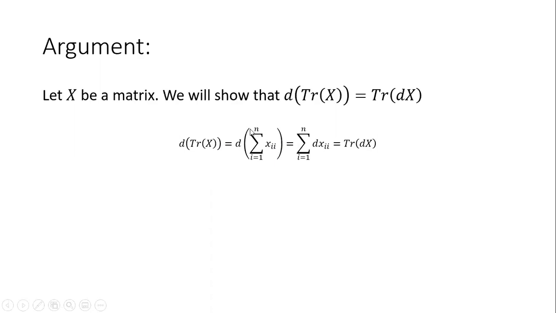We know that the differential of a sum is the same as the sum of the differentials of each element in the sum. And then we get that the differential of the sum of the elements in the diagonal equals the sum from i equals 1 to n of the differential of x_ii. And that gives us the trace of the differential of x.